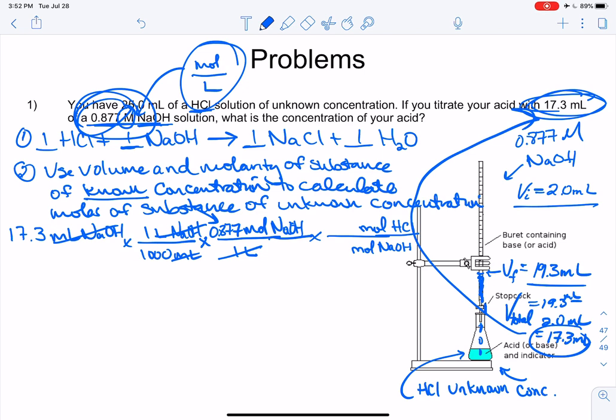And where do I get the numbers that go next to mole and mole? Right off the balanced equation. For every 1 HCl, you need 1 NaOH, or for every 1 NaOH, you need 1 HCl. So we cancel out moles of sodium hydroxide, and now we are in moles of HCl, which is good because we need moles of HCl to get to molarity.